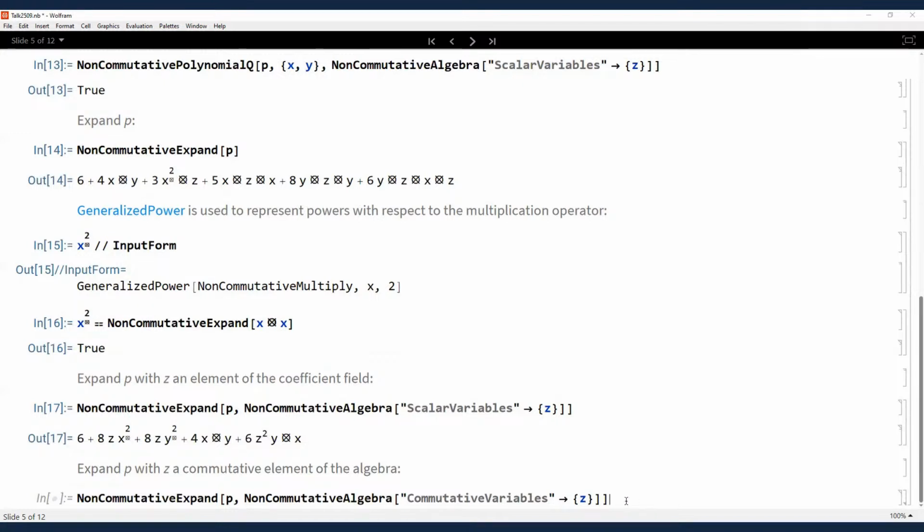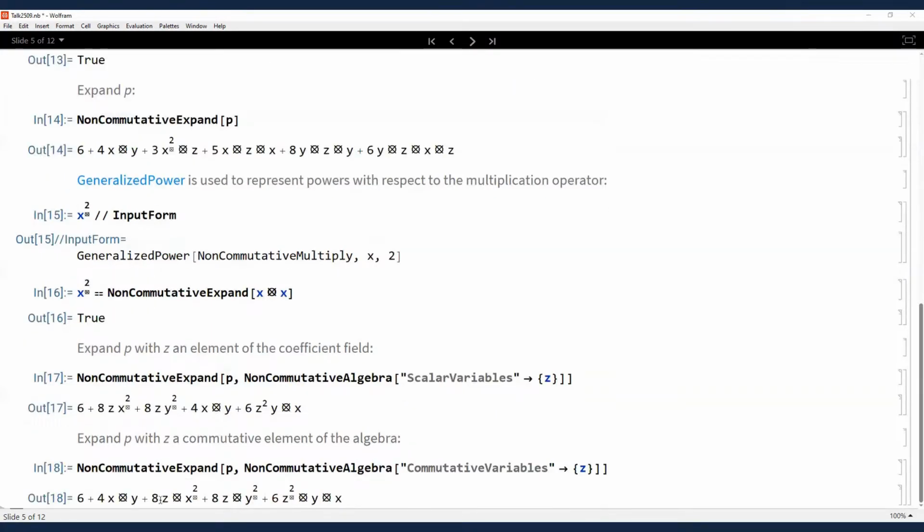And this expands the same polynomial with Z now declared to be a commutative variable. So Z was pulled out in front, but it's multiplied with the rest of the term using non-commutative multiply. And here we get a generalized power of Z rather than just a regular power.